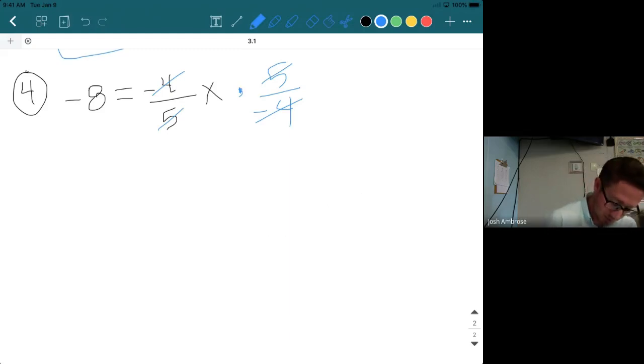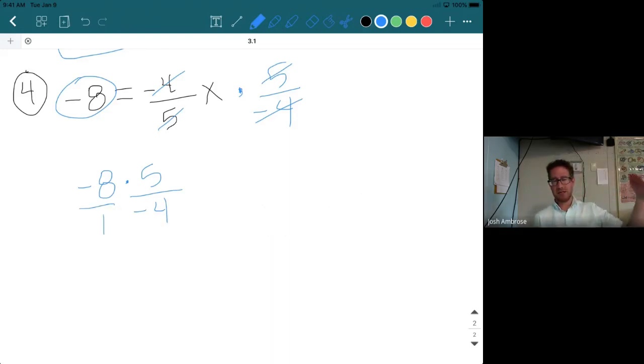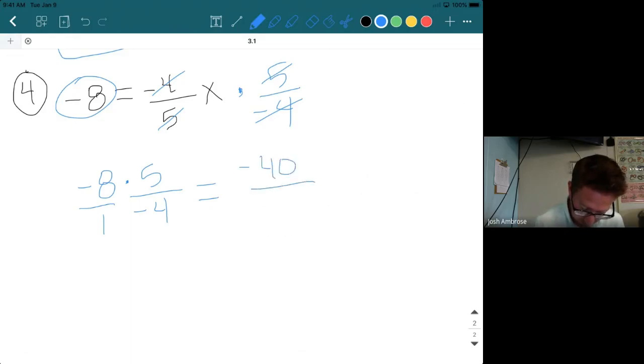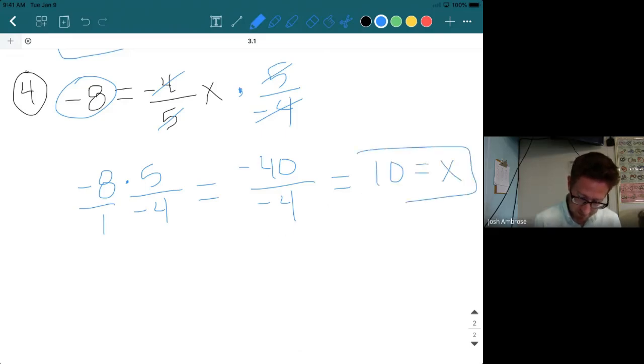But that means I have to multiply this side right here, negative 8, multiply it by 5 over a negative 4. And let's put it over a 1 just so that we can see we got to multiply straight across. Okay, so 8 times 5, that's going to give us a negative 8, by the way, 40 over a negative 4. So negative over negative will equal a positive, and in this case, 10. That is what x equals right there.